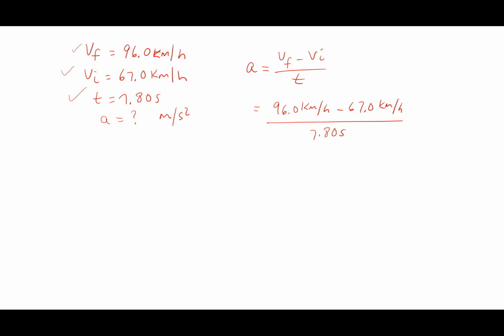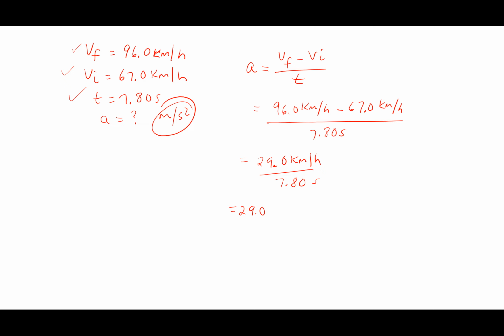Okay, so let's go ahead and solve this part. 29 kilometers per hour divided by 7.80 seconds. Okay, now we need to convert kilometers to meters, because it said it needs to be in meters per second squared. So that's going to be 29 kilometers per hour. And we can make this larger so you can see it better if you need to.